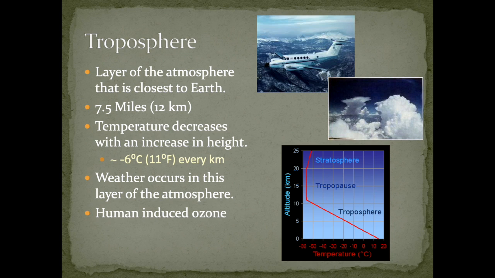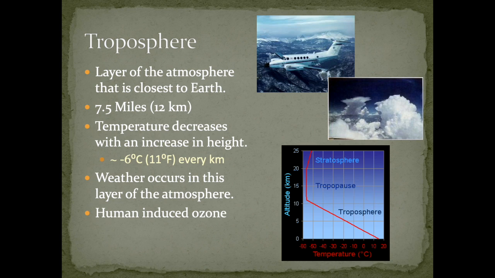So it's pretty simple. Temperature decreases with an increase in height, and there is an actual approximate formula to determine how much temperature difference there would be from sea level to an elevation. It's about -6 degrees Celsius or 11 degrees Fahrenheit for every kilometer in elevation increase.